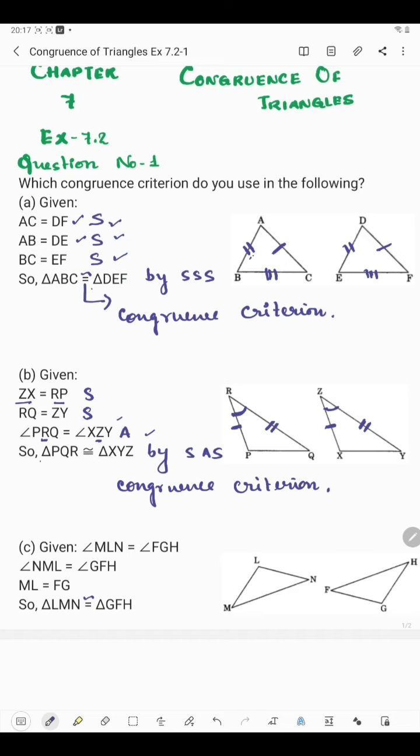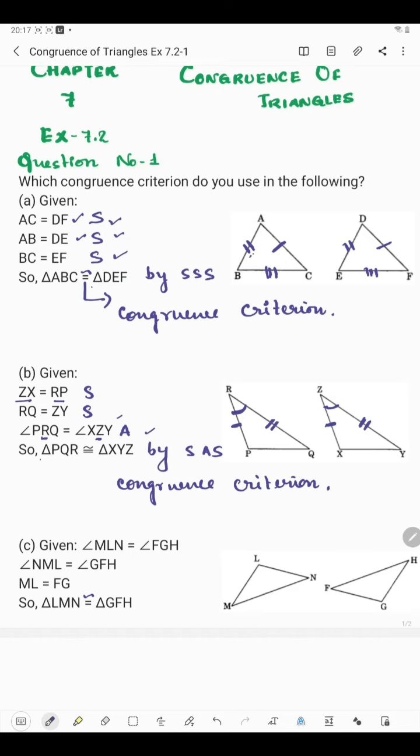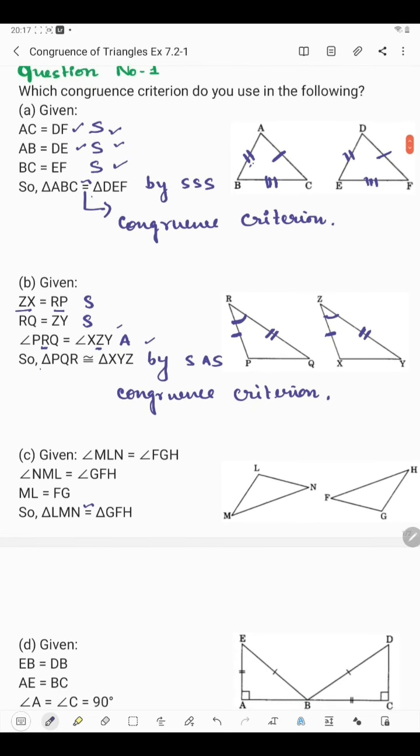Okay. Now coming to part C. In part C we have angle MLN, meaning angle L. The letter L is at the center, so it represents angle L from triangle LMN. And angle FGH means angle G from triangle GFH.